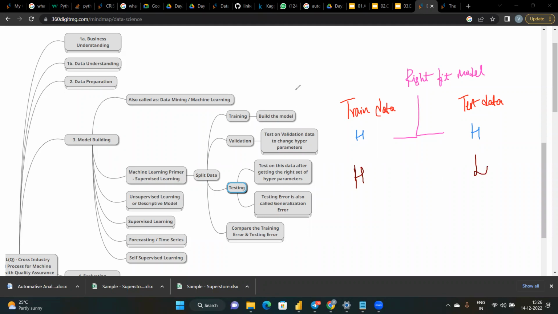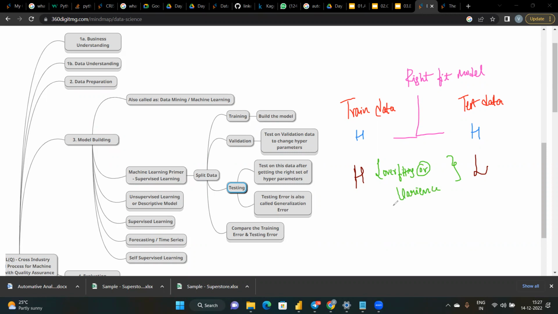When train is high and test is low, guys, it is called overfitting or variance.